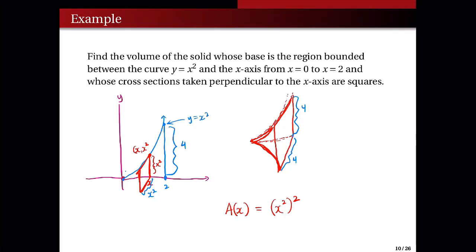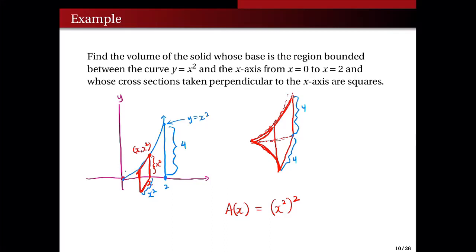So the length of this slab is x squared, and therefore the area of this slab will be x squared squared. So that's your area function.